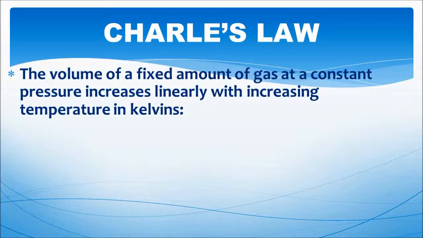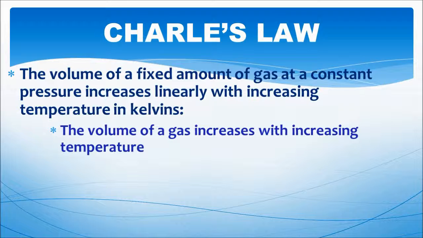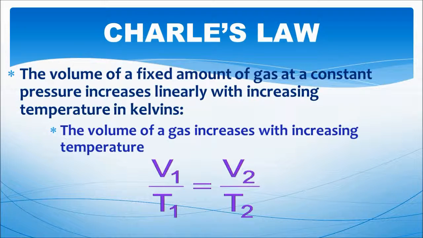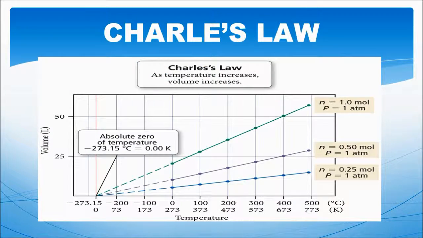What this means is that the volume of a gas increases with increasing temperature. This relationship allows us to compare the volume and temperature conditions for a given sample of gas at constant pressure. So V1 divided by T1 is equal to V2 divided by T2.